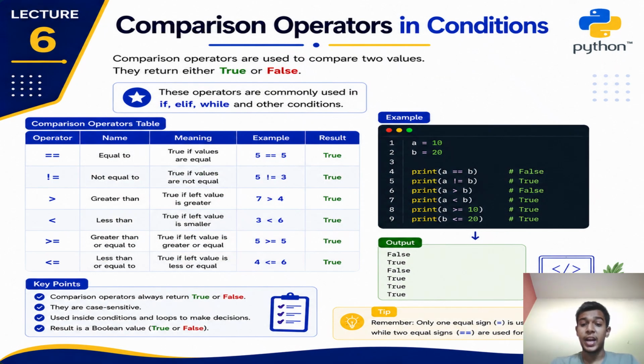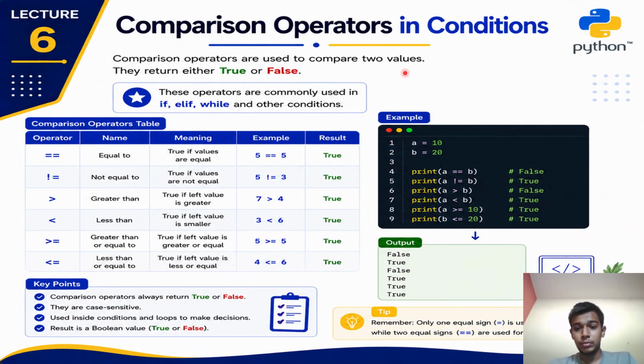Now, let's understand an important concept used in almost every Python program. That concept is comparison operators in conditions. Comparison operators are used to compare two values. Whenever we compare two values, Python gives us only one of two possible answers. The answers will be either true or false.